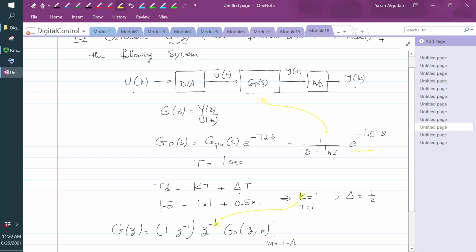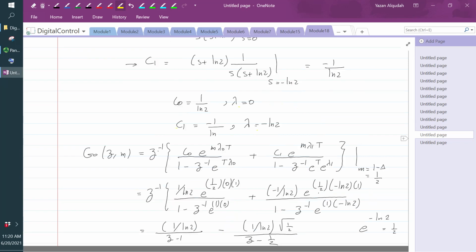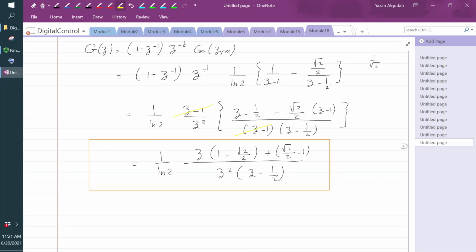I can expand this delay using a Taylor series, and it is going to result in an infinite number of poles in the continuous time domain. However, in the discrete time domain, I have a finite number of poles. I only have 3 poles for this system, which makes it easier to design a digital controller versus an analog controller.